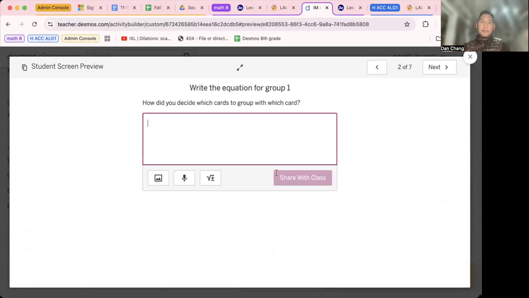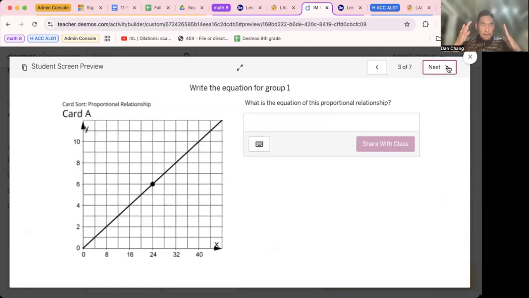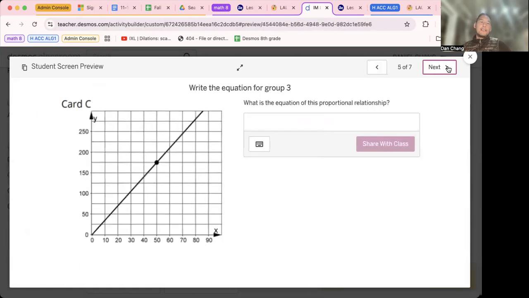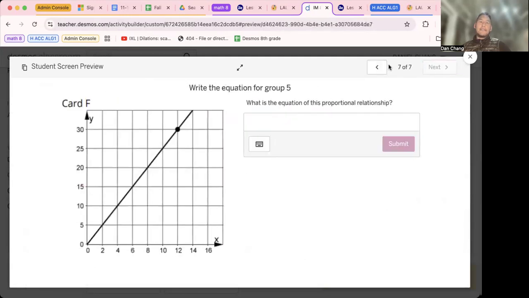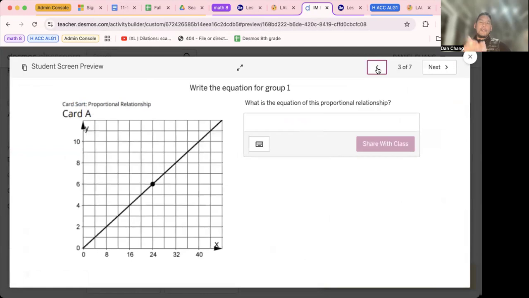So you'll type in an explanation, you'll hit share with class, and then we're going to do a little bit of what we did yesterday, which is you're going to see 5 separate cards: card A, card B, card C, card D, and card F. You need to write an equation that represents each card.